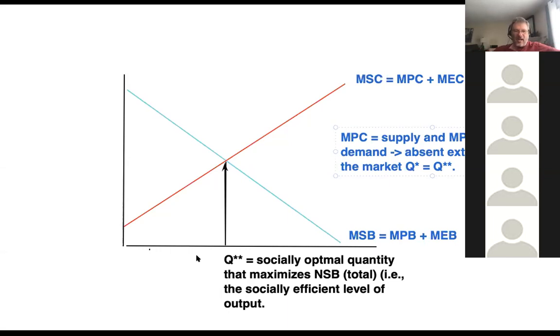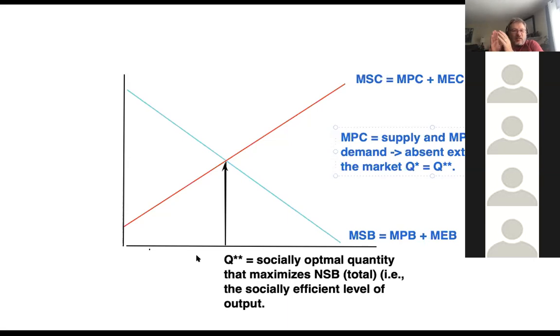That's not why the competitive market is efficient. The competitive market is efficient because the quantity in the competitive market is the one that balances marginal social benefit with marginal social cost. Does that make sense? Yeah.